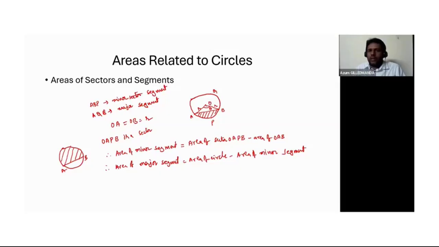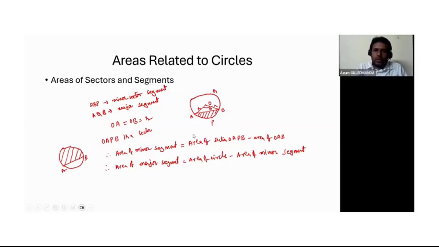So how to find that area? What I did was join OA and OB, which are radii. Now this forms a sector, right? So this sector area minus this triangle area gives you the minor segment area. So once you know the minor segment area, the major segment area is the total area of the circle minus the area of the minor segment. Understood?